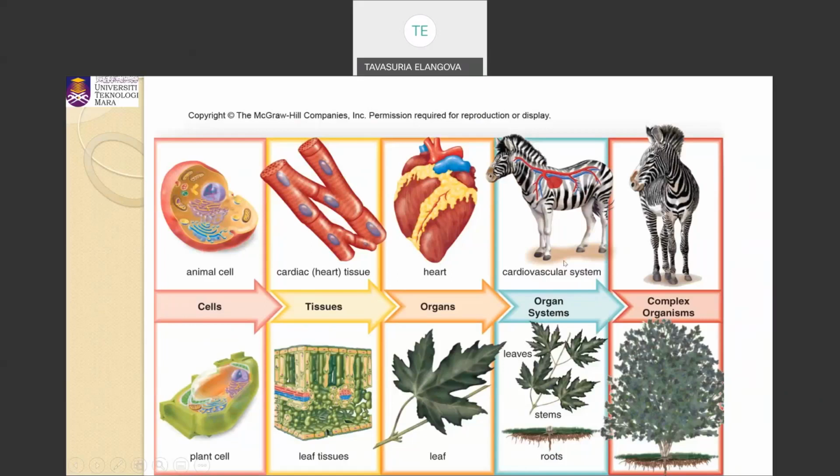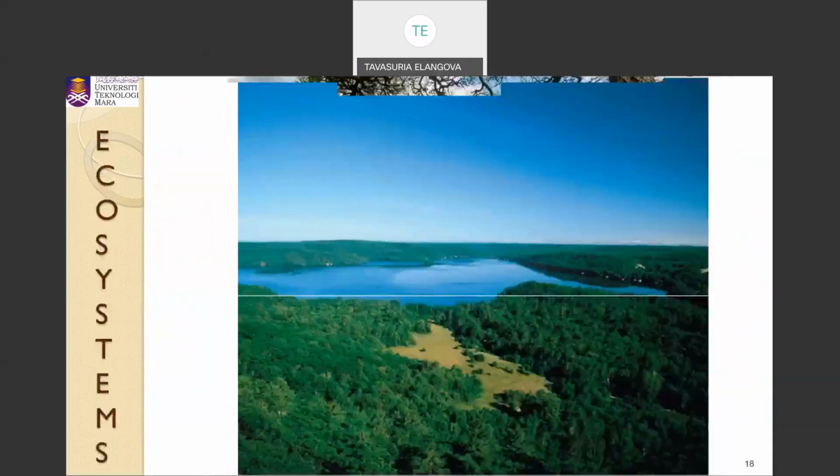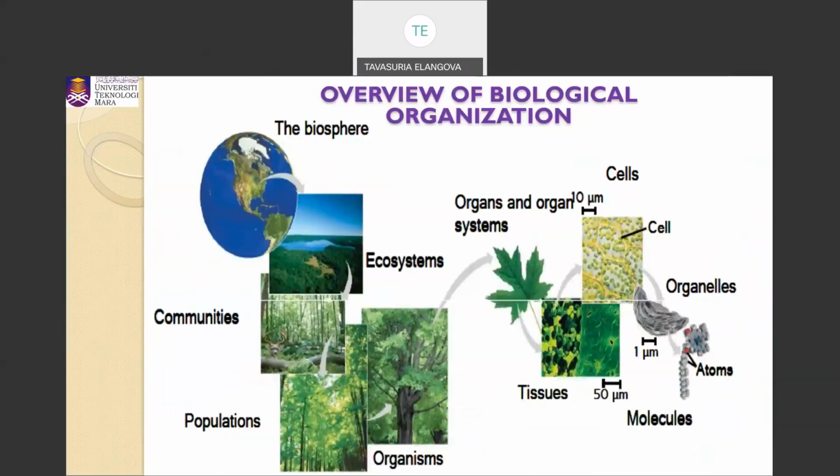So this is how you can construct the hierarchy of biological organization based on an example. It is very important. You should know the hierarchy together with their examples.